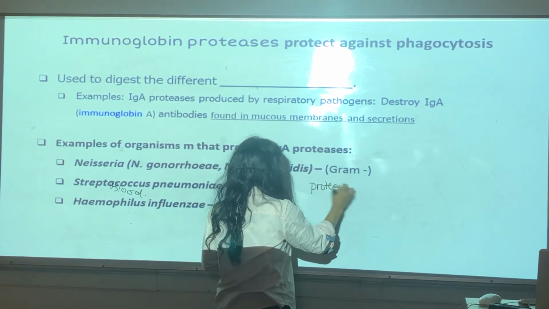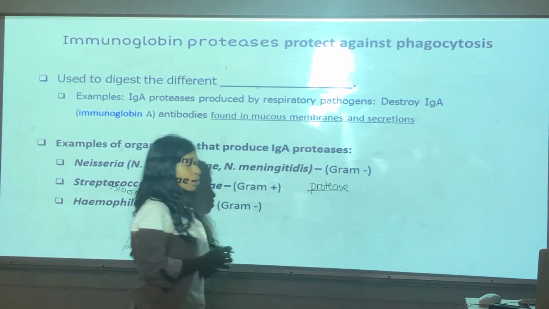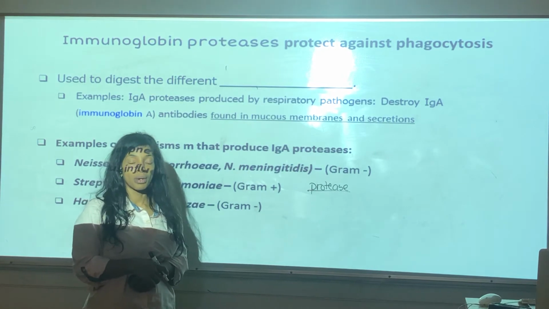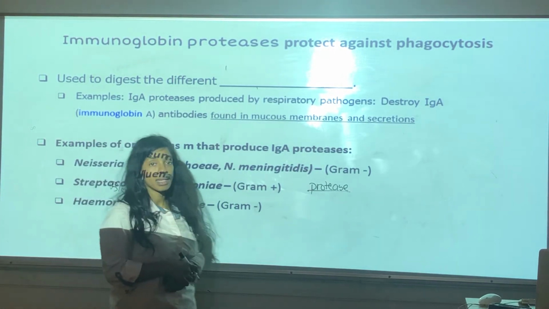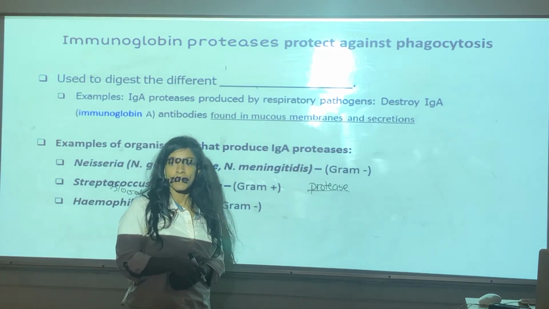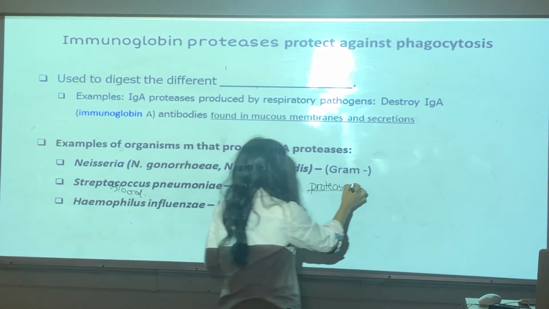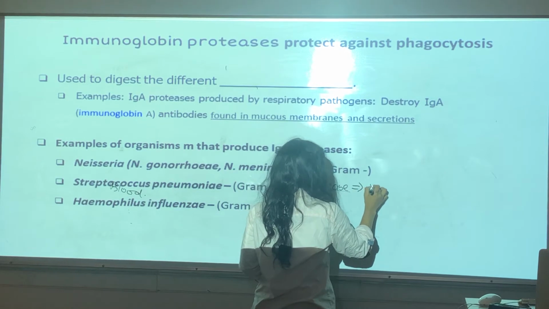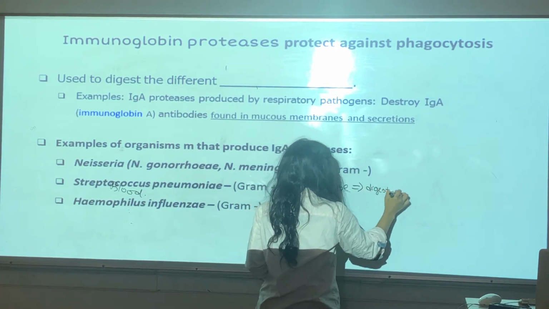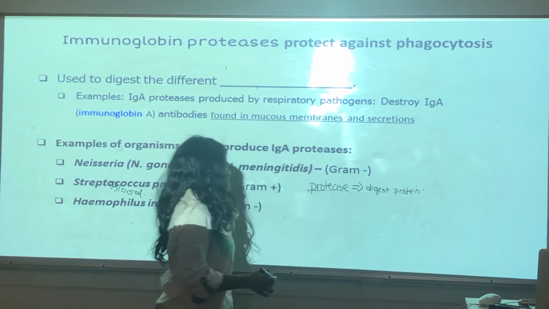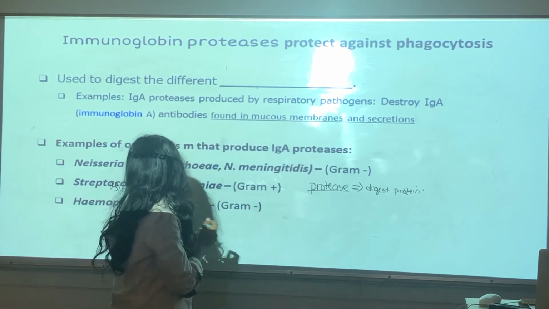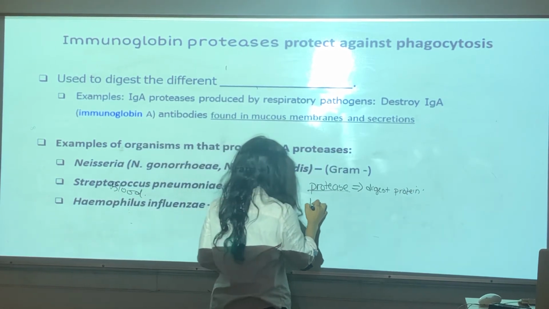We talked about proteases in earlier lectures, and this is an enzyme. What does the enzyme do? Well, the enzyme is going to digest proteins. But this protease specifically digests immunoglobulins.